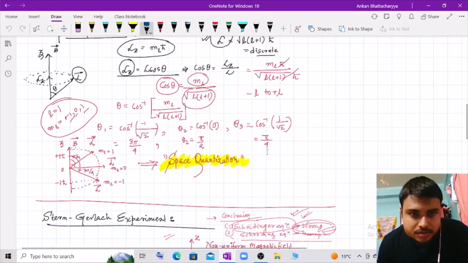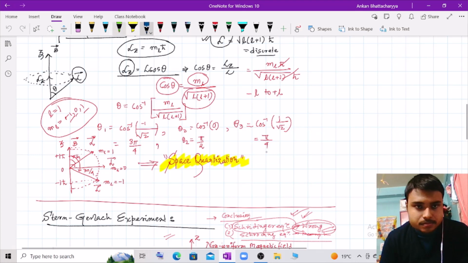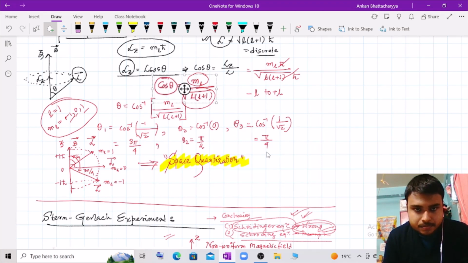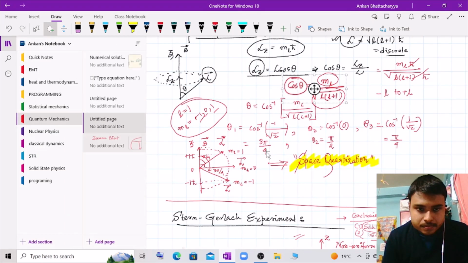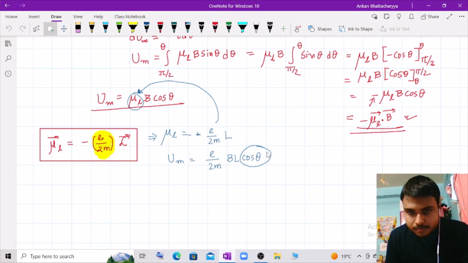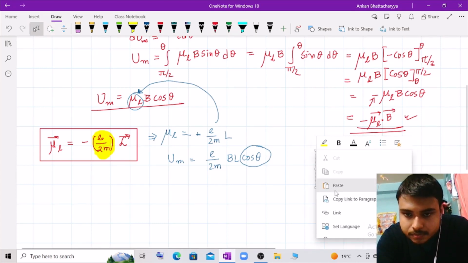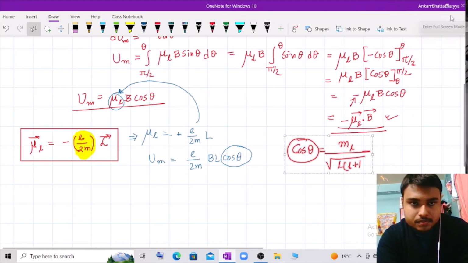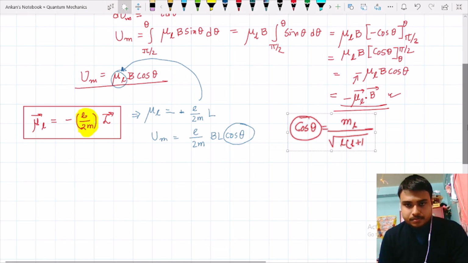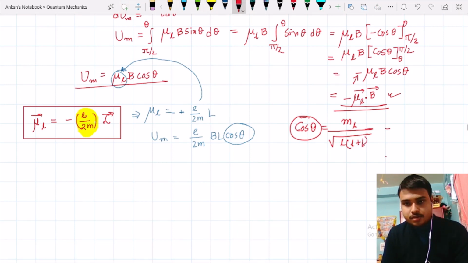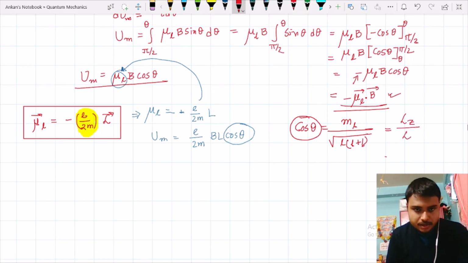From the space quantization concept, cos theta is nothing but Lz by L. So if we put this cos theta, we get e by 2m B L into Lz by L, L will be cancelled out.